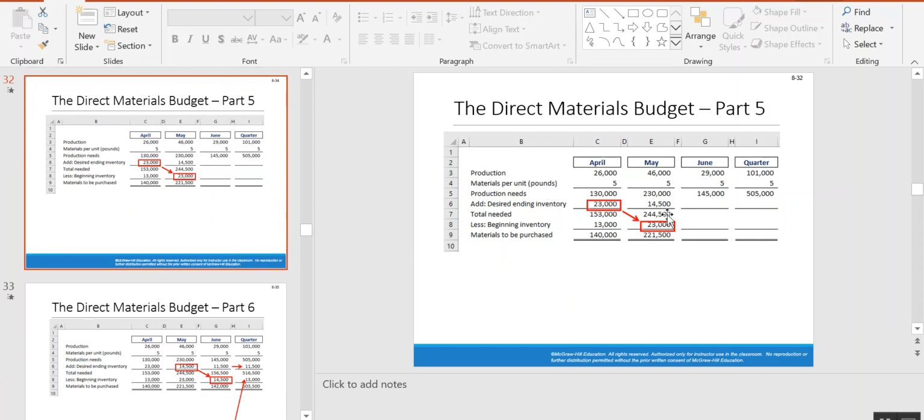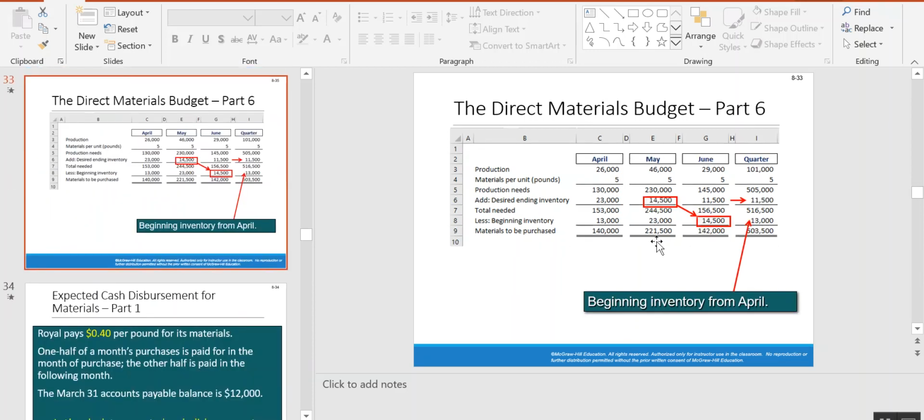When we do May, we work the same type of calculation. So we take 5 times those production units to get the pounds of 230,000, and then 10% of the June production needs. And so we add those in and then deduct out the beginning inventory to arrive at the pounds that we need to purchase in May. Again, we move forward to June, and here we take the 14.5 and bring it down as beginning inventory for June.